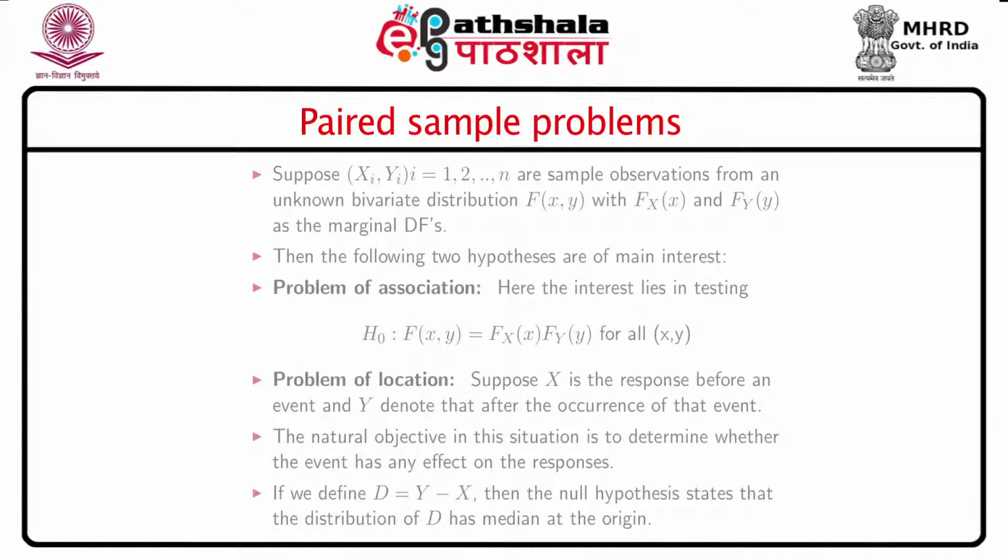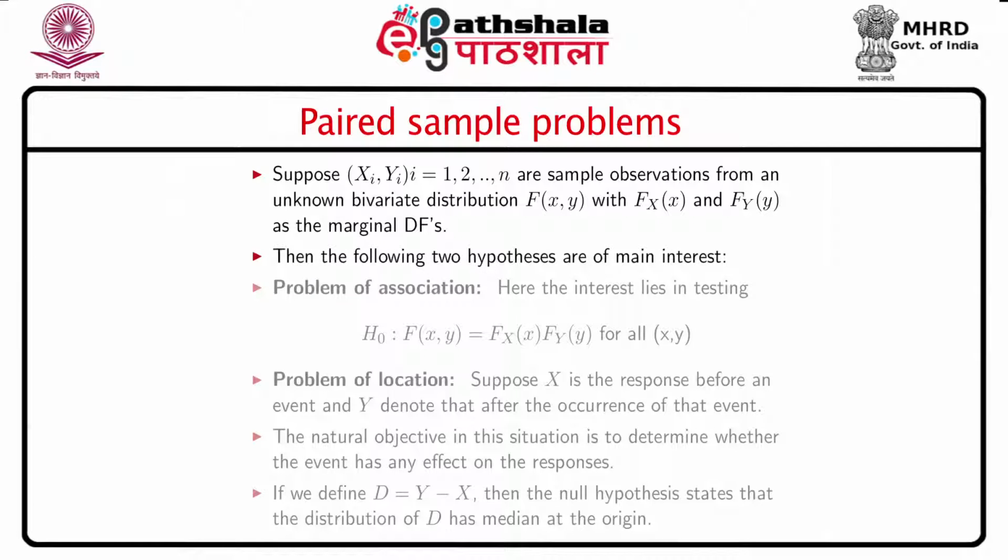Often, we have data for two time points from a single unit or individual. Naturally, observations are paired and hence are correlated. For example, the responses of a patient before and after a drug is administered are associated. Suppose (Xi, Yi) are the n pairs of observations from some bivariate distribution F(x,y), where this bivariate distribution is unknown and has the marginals F_X and F_Y.